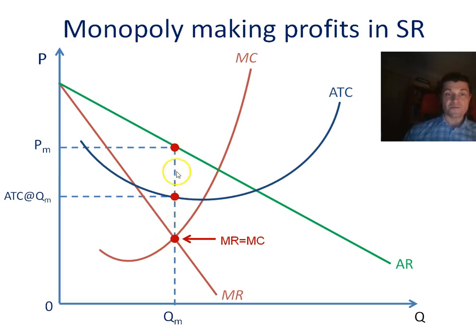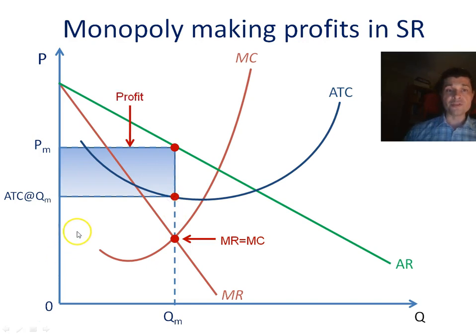So therefore the difference between P and ATC will give you the per unit profit, and in order to get the total profit that the monopoly is making, we'll need to multiply that difference by QM. Therefore the profit for the monopoly firm is going to be given by the blue rectangle.